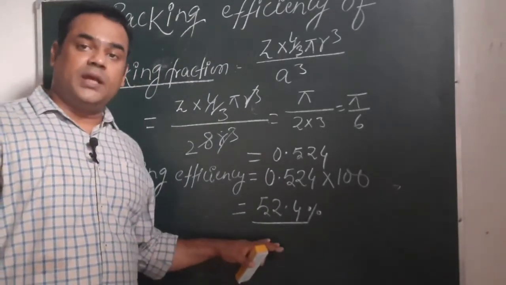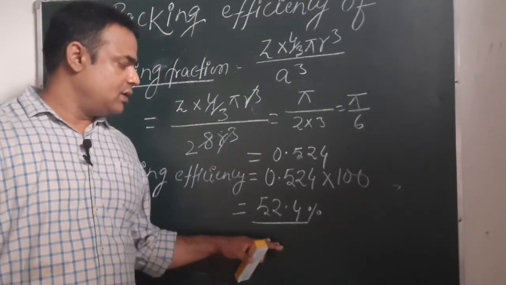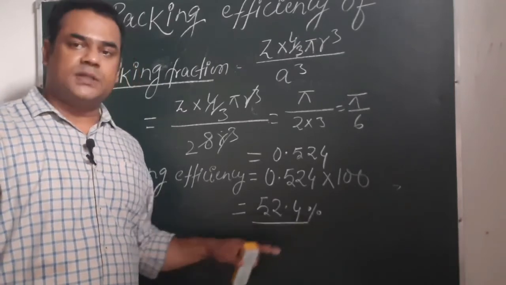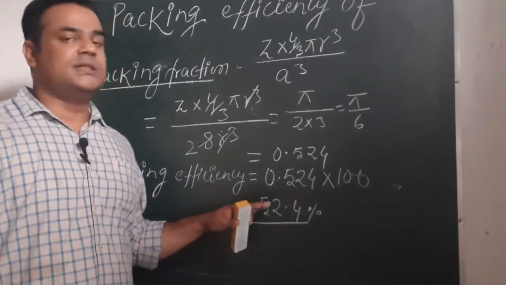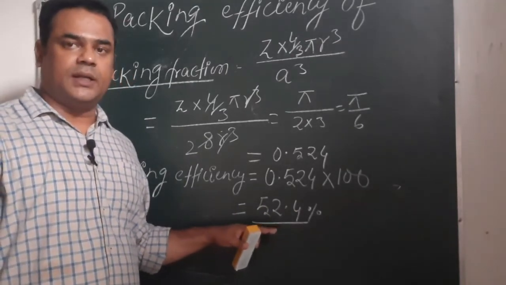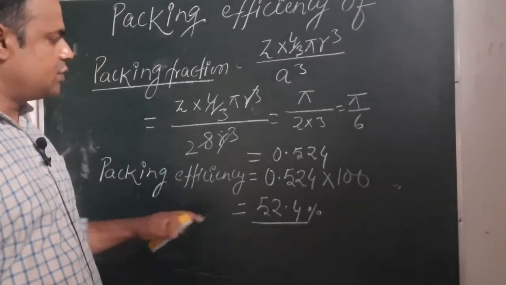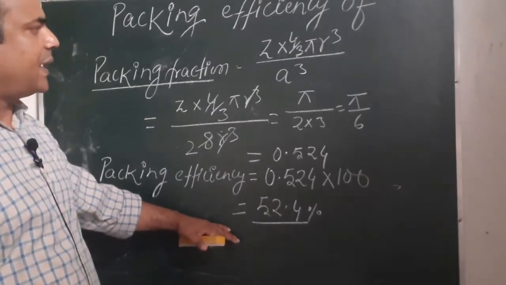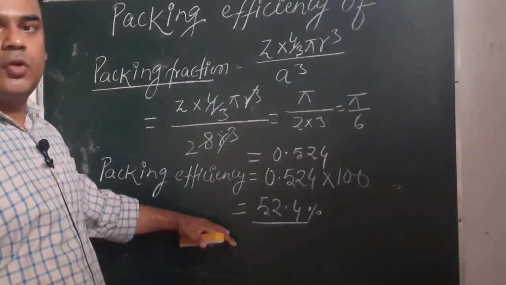So in case of a simple cubic unit cell, 52.4% of the unit cell is occupied by constituent particles. So this was the packing fraction and packing efficiency of the simple cubic unit cell.